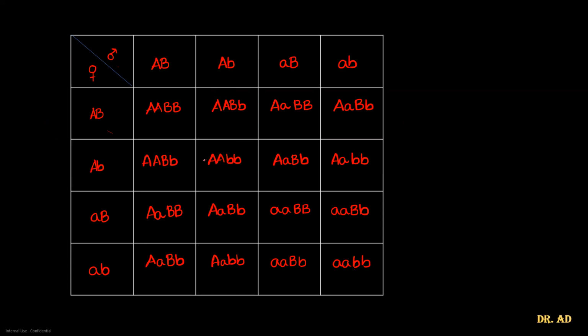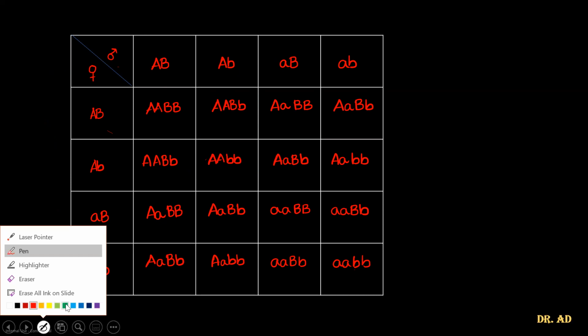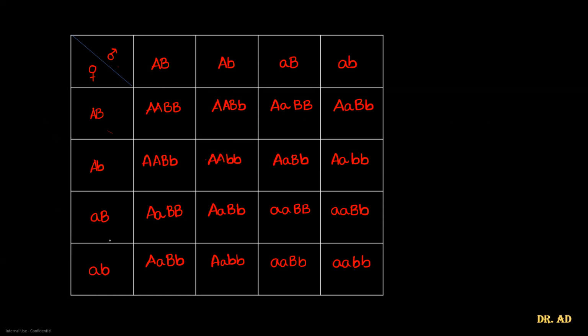To save time, I had already made this checkerboard for you. Now we'll use two different colors and see how many white flowers and how many purple flowers are obtained. Right? Okay. This one is definitely purple.